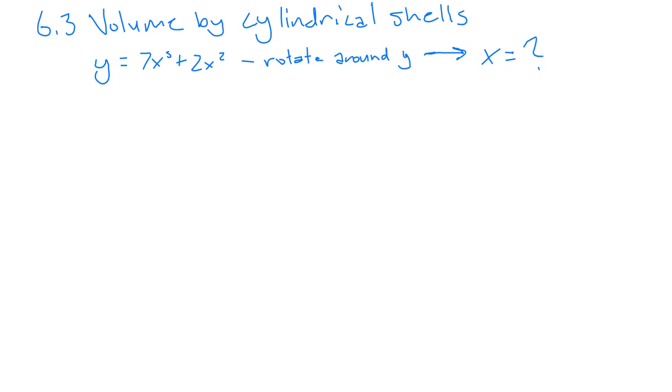The way we're going to use is based on the idea of cylindrical shells. If we think about a cylindrical shell, we get a cylinder, and then we have another one. Think of it as sort of like a can, an empty can, as a cylindrical shell.